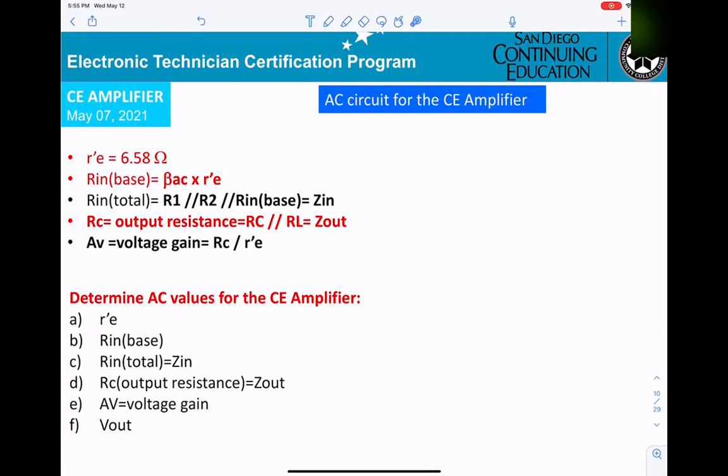Hey, Mr. Pham, that RC right there, the fifth line down, that's supposed to be a little RC, right? Which one? In black, the fifth line down. Okay, RC is supposed to be R small c. Where it says voltage gain equals big R and then little c divided by R prime E, the big R should actually be a little r, right?